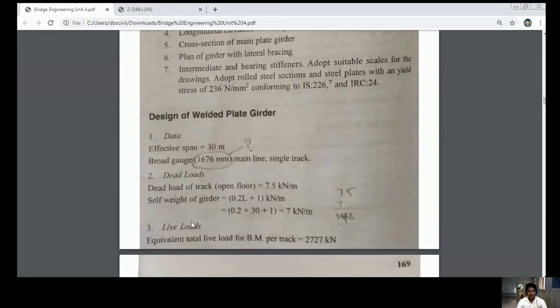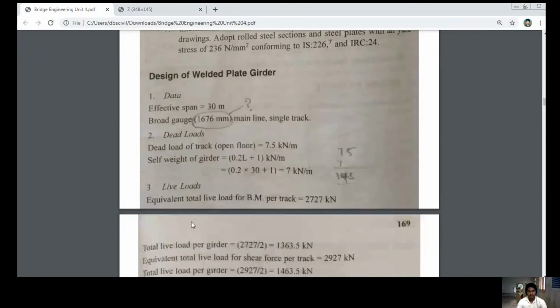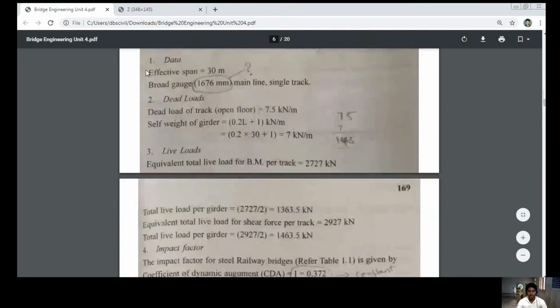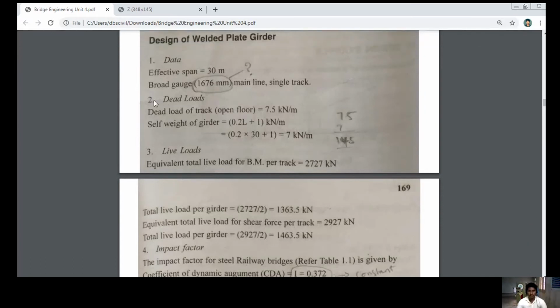For designing a welded plate girder, the first step is data. We have an effective span of 30 meters and broad gauge 1676 mm mainline single track. This is a constant term you could find in the textbooks. Next is step 2, dead load.